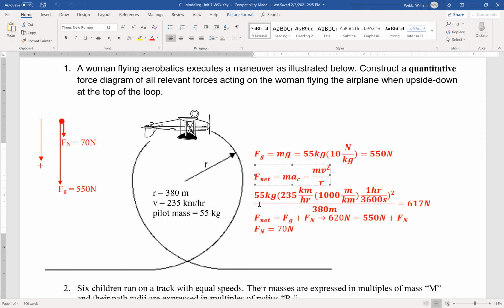And the net force is the 620 that we just found using the concept of circular motion. The weight force is 550, which we found earlier, and the normal force is what we're trying to find. So if we subtract the 550 from the 620 to isolate the Fn, we can see the normal force of the seat pushing on the pilot is only 70 newtons.